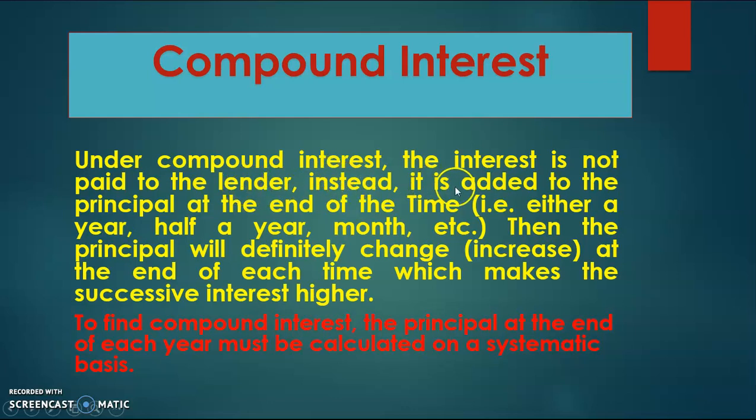Instead, it is added to the principal, that is the money being borrowed, at the end of the time, that is either a year, half a year, month, etc. Then the principal will definitely change, that is, it will increase at the end of each time, which makes the successive interest higher.